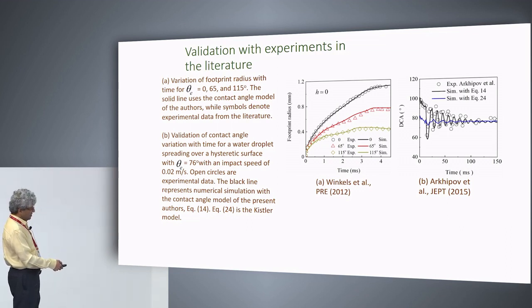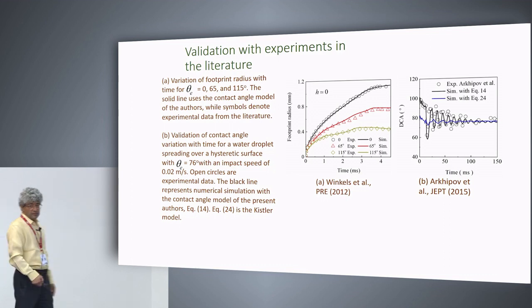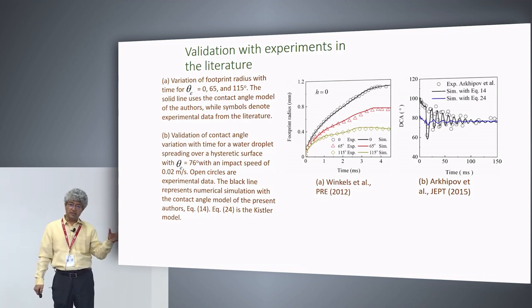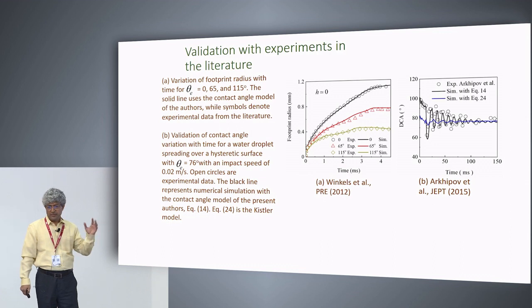On the left is a hydrophobic or wetting surface. The right-hand side is a sticky surface, PDMS type surface. This blue line is the original Kistler model. There are variations to it, but the original Kistler model does not show the oscillations arising from pinning, but those open circles are our model.